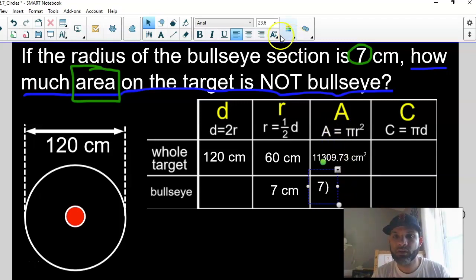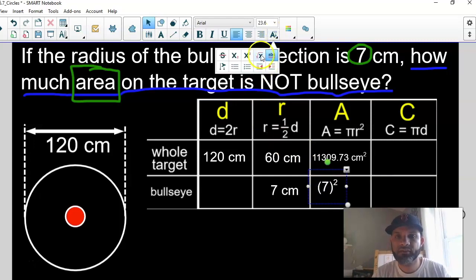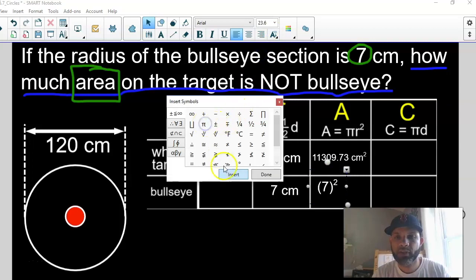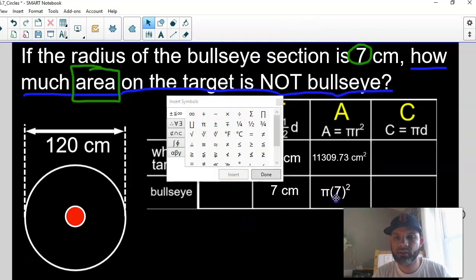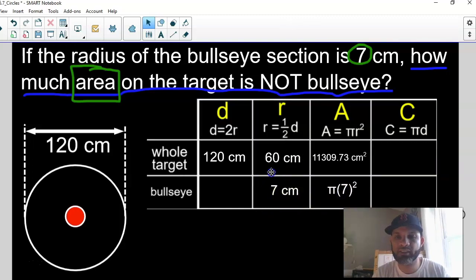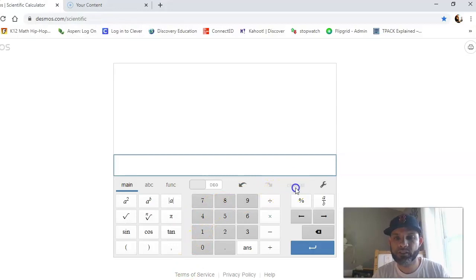We're going to square it. Okay, so it's going to be pi times the 7 squared. All right, so let's do it. Now we're going to go back to decimals. Pi times 7 squared. So, all right, let me clear this.